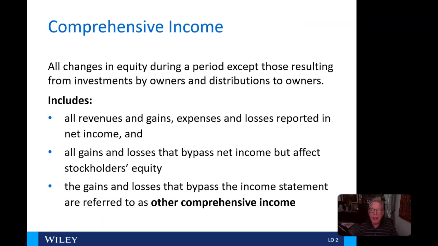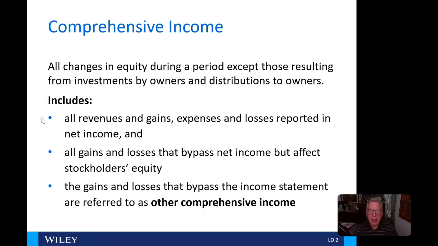All right, comprehensive income. Very important definition here: all changes in equity during a period except those resulting from investments by owners and distributions to owners. What does that include?